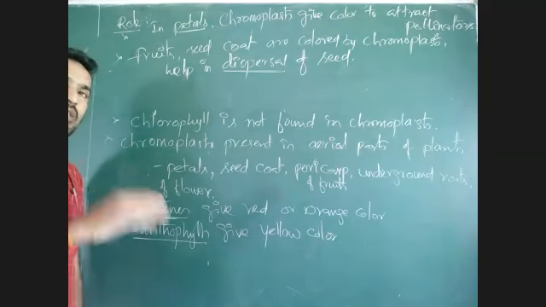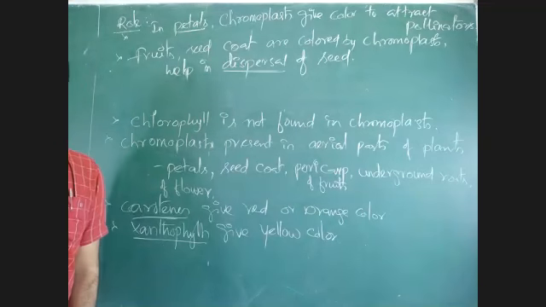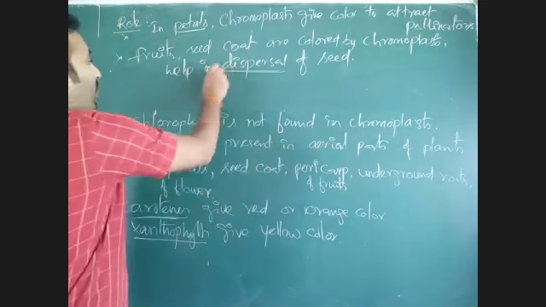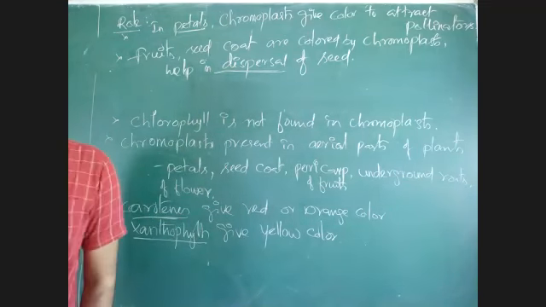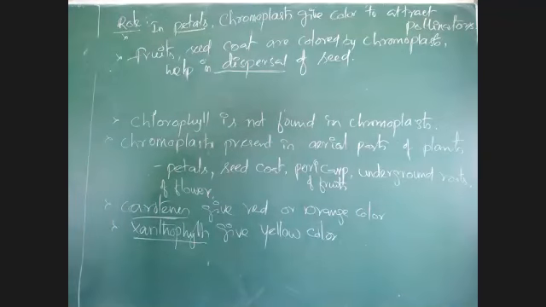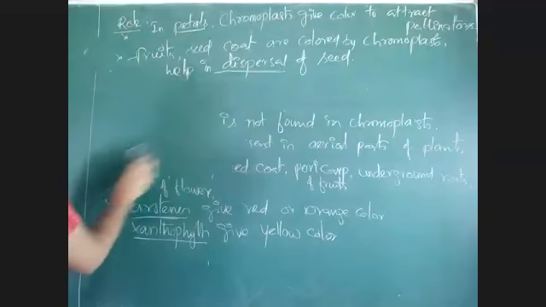The seeds will be dispersed to new areas by the birds. That is one function or role of this carotenoid. Carotenoids give color, with which petals attract pollinators, and seed coats and fruits attract animals, which then disperse the seeds to new areas.